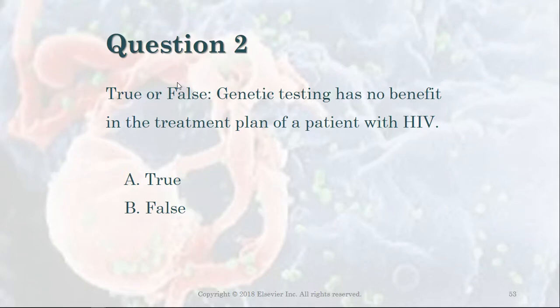So this test will help the clinician choose which antiretroviral drugs are likely to be effective against viral replication and to which drugs the virus is resistant. So it increases the likelihood that the medication the patient is put on is going to be effective in reducing the viral load and stopping replication of the HIV virus.